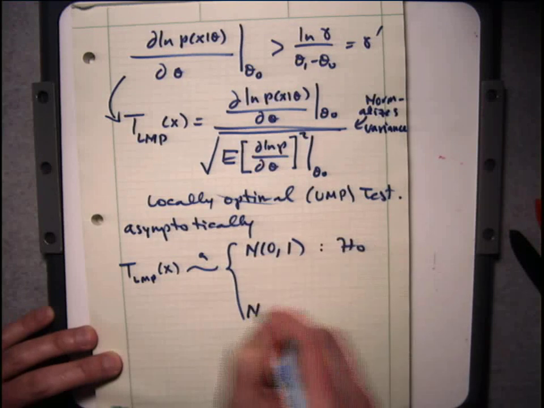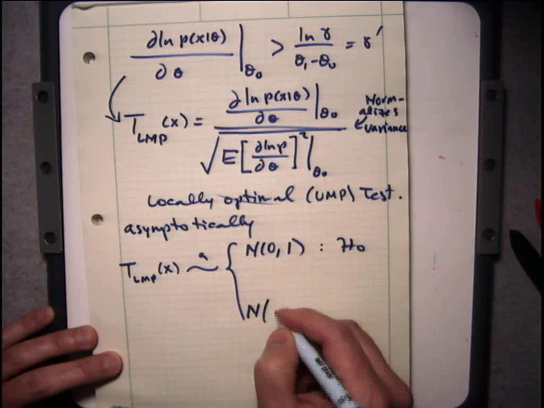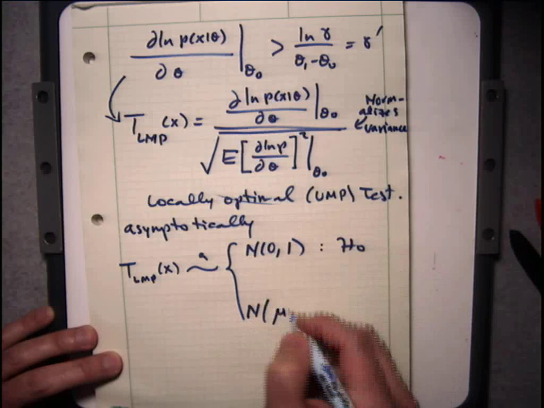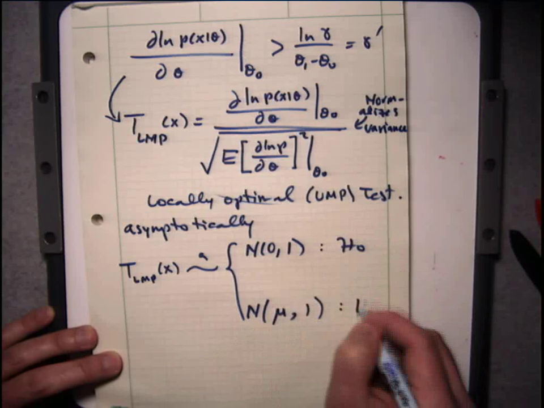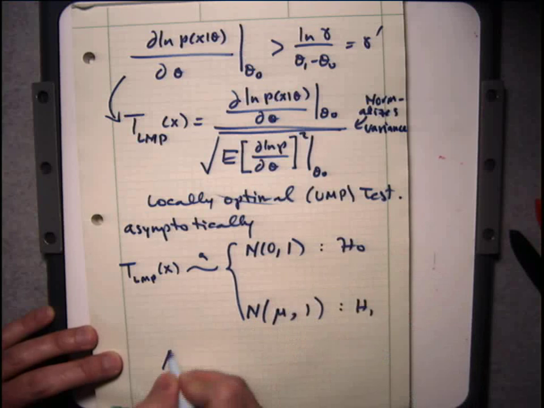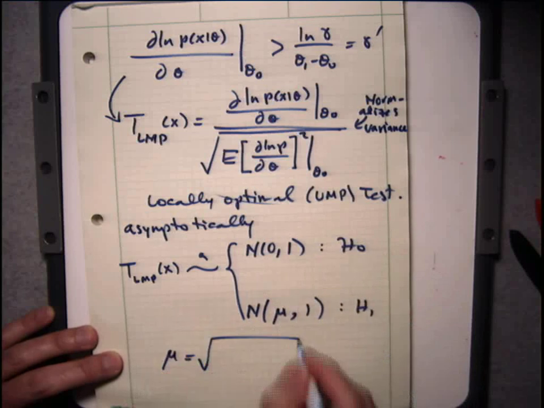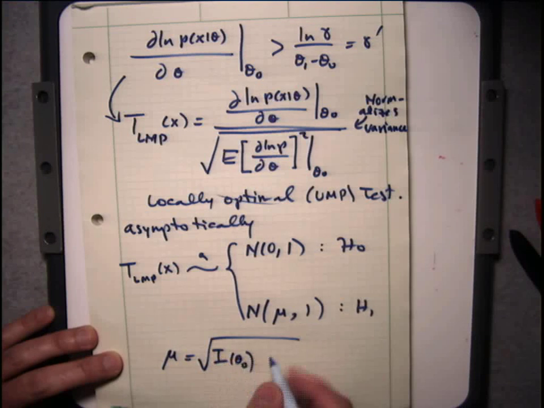And it's normal with a mean mu, I'll tell you what that is in a second, and variance 1 under H1, where mu is the square root of the Fisher information measured at theta 0 times theta 1 minus theta 0. Okay?